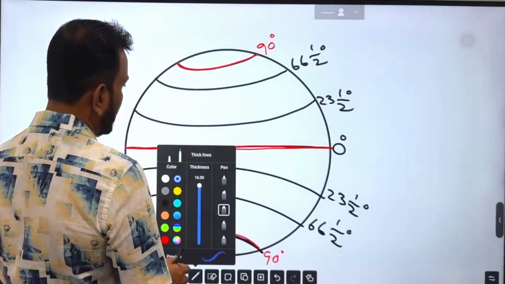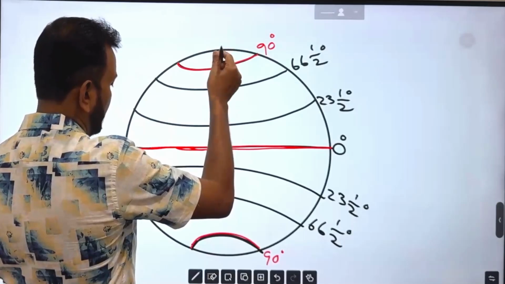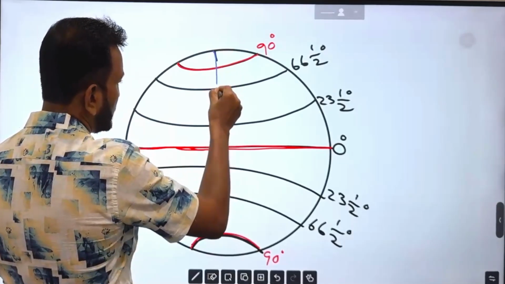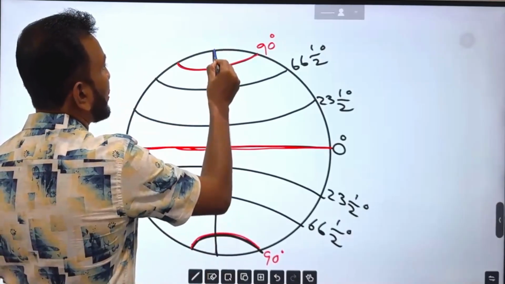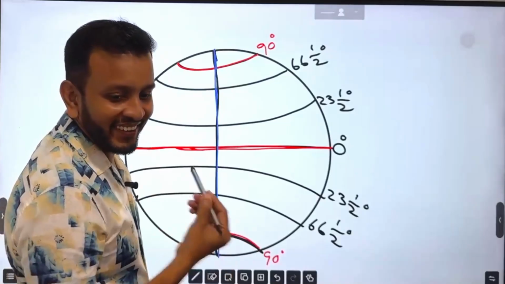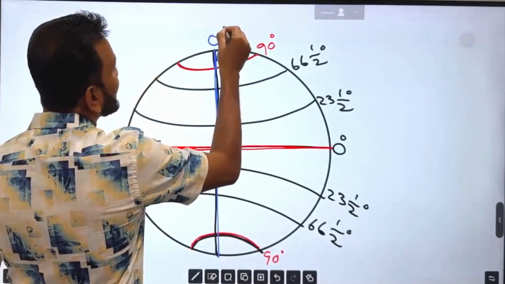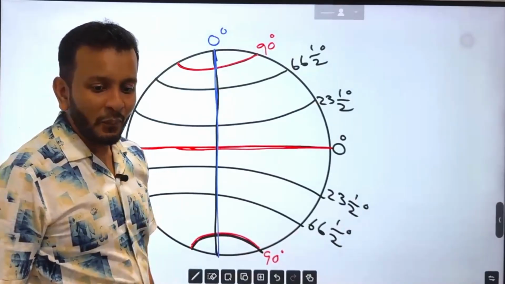Then now I draw the longitudes. Right. 0 degrees longitude is called the Greenwich Meridian line.